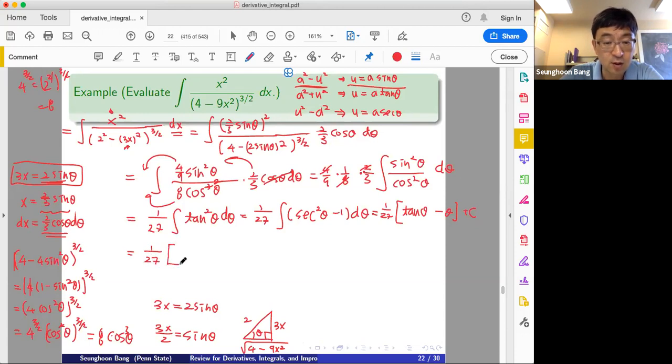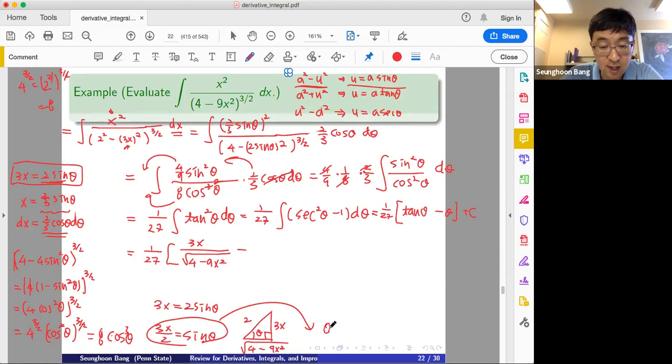So we have 1/27. What's tangent theta? Tangent theta is opposite over adjacent. So we have 3x over the square root of 4 minus 9x squared, minus theta. So from here you can use the inverse function.